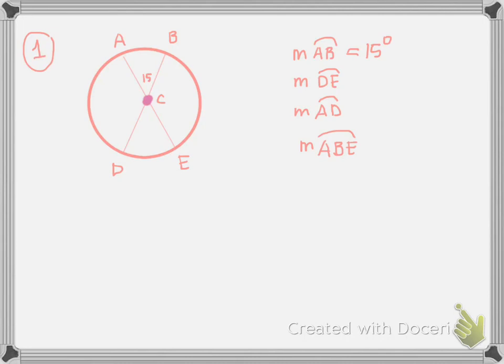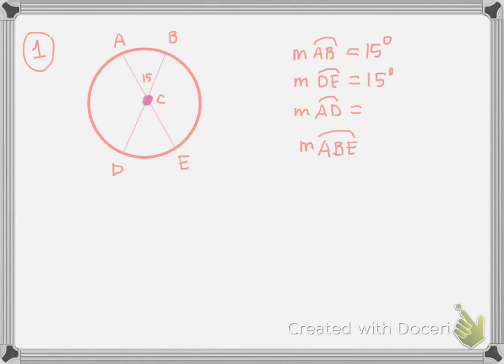That is a vertical angle, so DE is also going to be 15 degrees. For the arc AD, remember all the angles should add together to be 360. So I've got 15 and 15, so 360 minus 30 is going to give me 330.